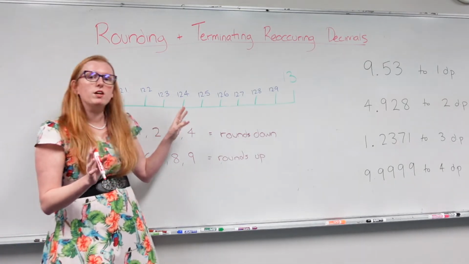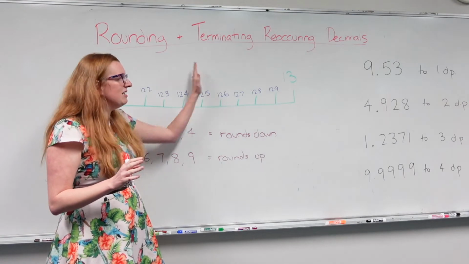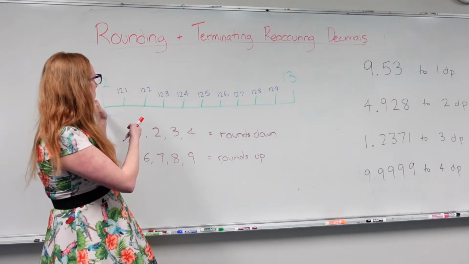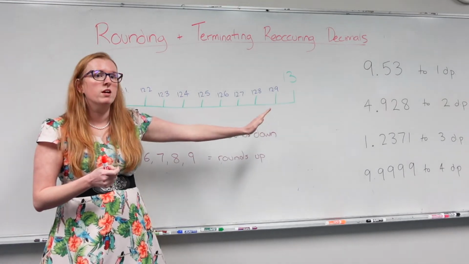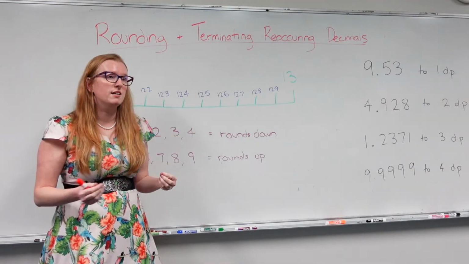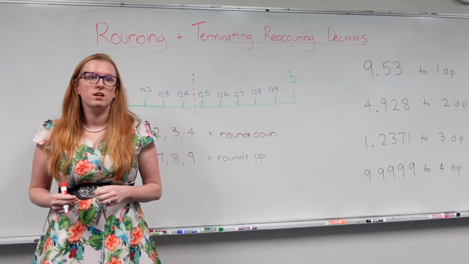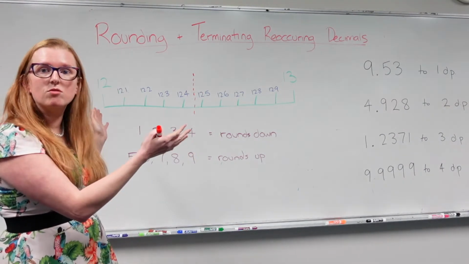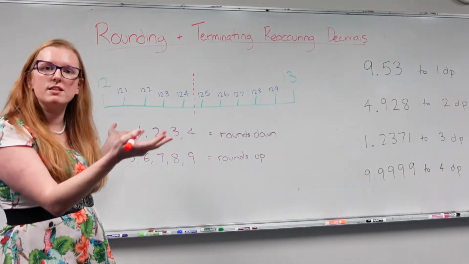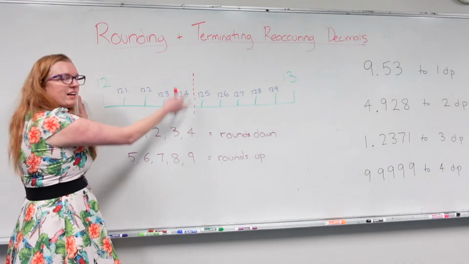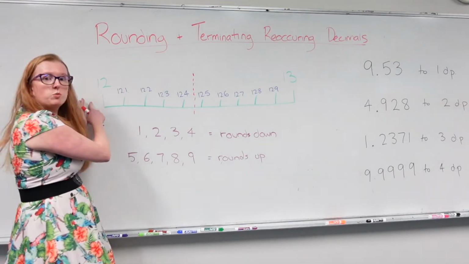Now it gets a bit tricky if I get around here, in the middle. How do you tell whether it's closer to 12 or closer to 13? So the rule for rounding is it cuts here, because that looks about halfway, roughly. I mean, it's not perfect, but that's the way it is. Anything on this side of that cut line is going to round down to 12.